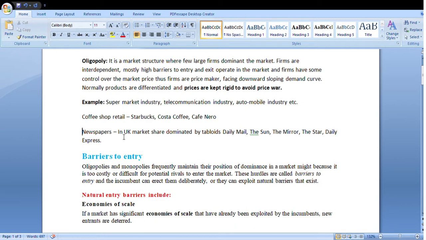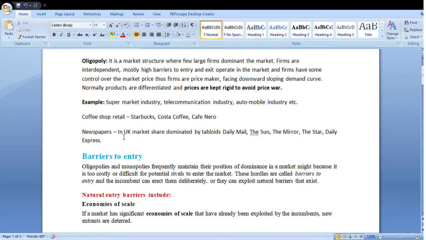I can tell you an example of mobile handsets. Here it is not one firm that dominates, as in a monopoly. Here are a few firms that dominate. So in our country, there are so many brands and companies: Samsung, iPhone, HTC, Sony, Vivo, Oppo, and so many brands.